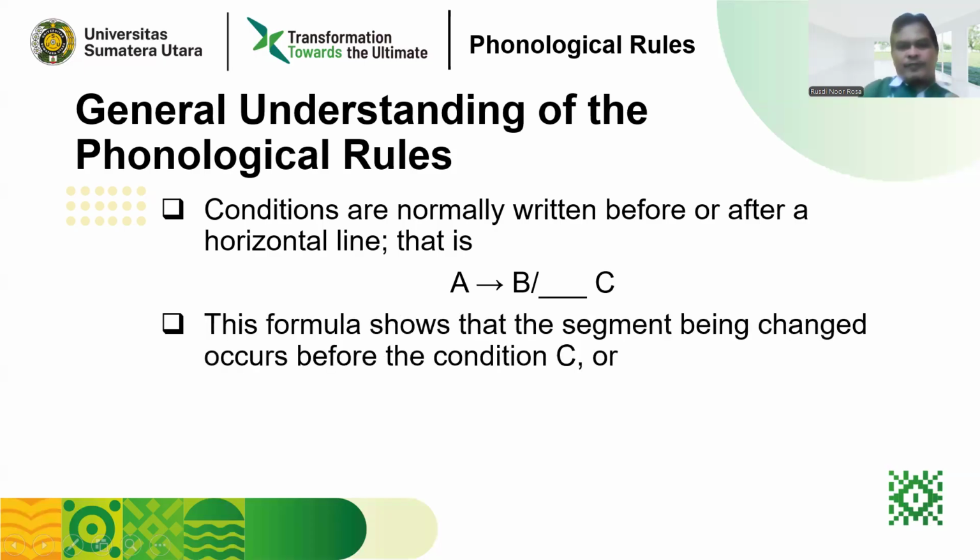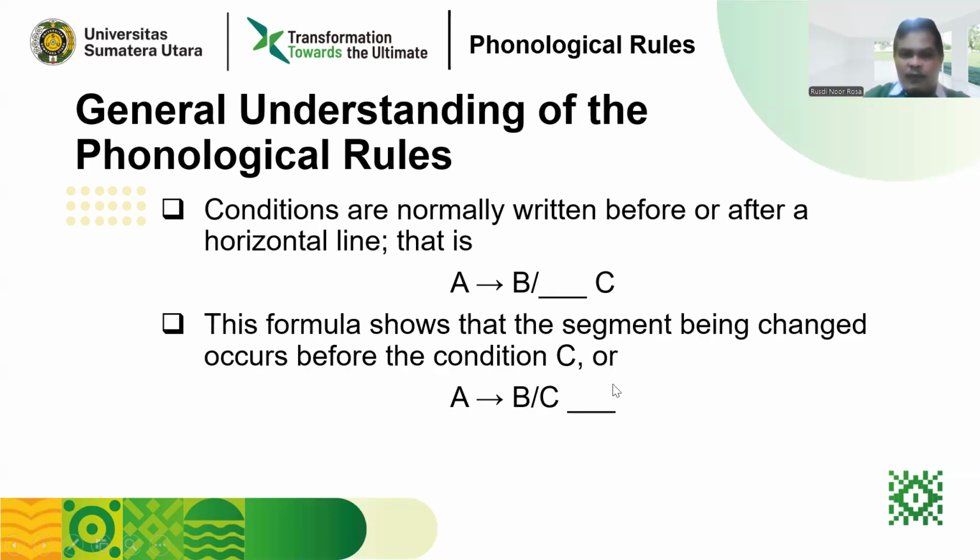Okay, now this formula shows that the segment being changed occurs before the condition C. Why? Because the horizontal line is located before C. If the horizontal line is located after C, it means that the sound changes whenever the original sound is located after C, as you can see here.